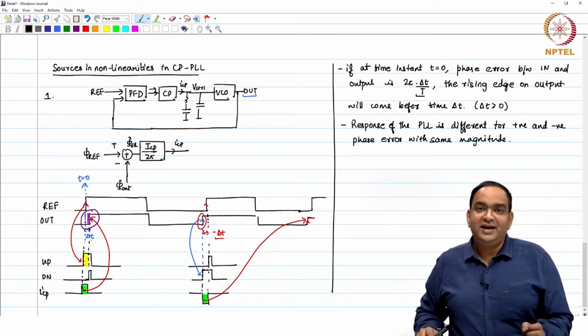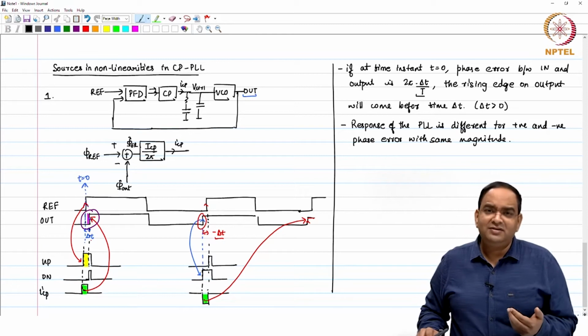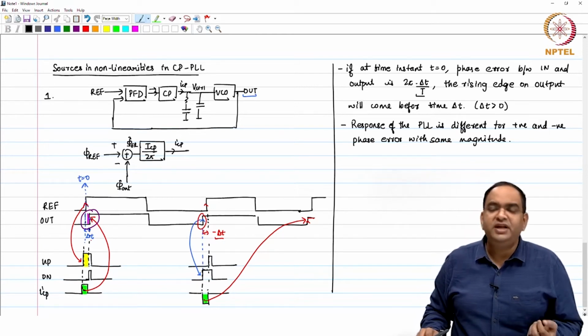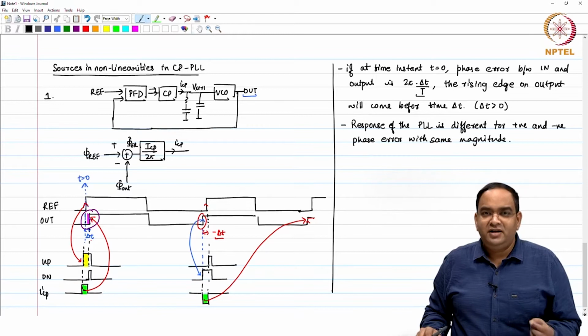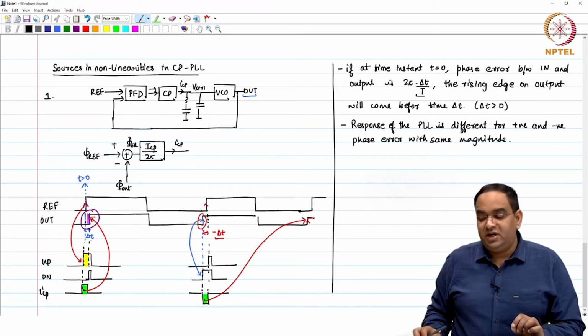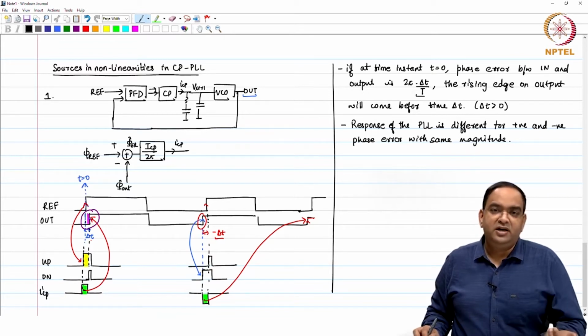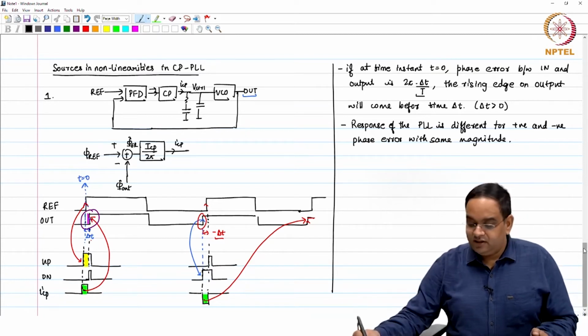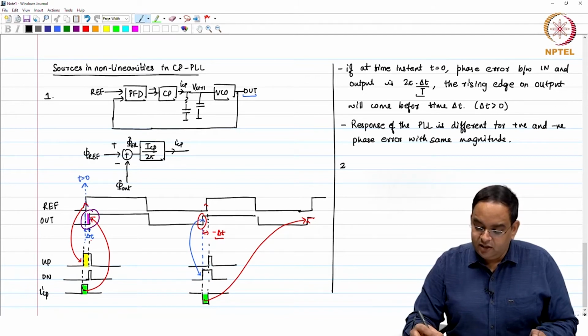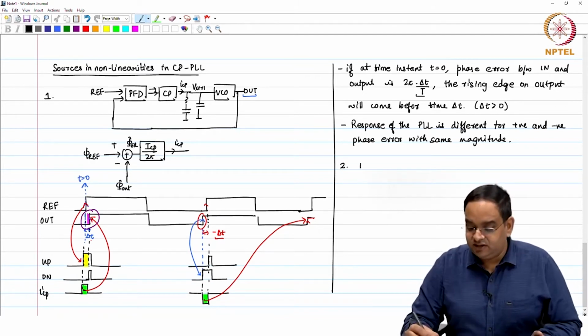You will see that during settling, when the PLL is in the locked state and the phase error is very small, this nonlinearity is negligible. Okay. But depending on the implementation or depending on the phase error which you have, it may happen that you will observe this difference. Okay. And this nonlinearity will then change the loop gain, right. Then the second nonlinearity which we have seen is dead zone in the PFD.